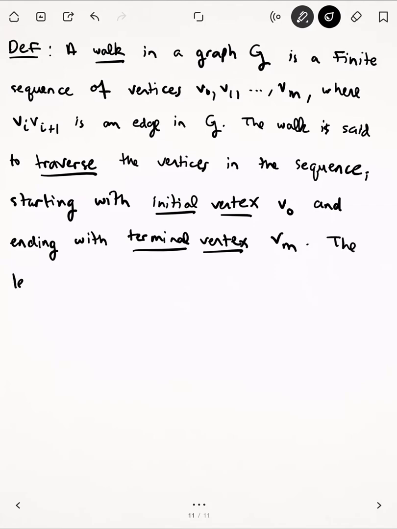The length of the walk is m, the number of edges in that walk.